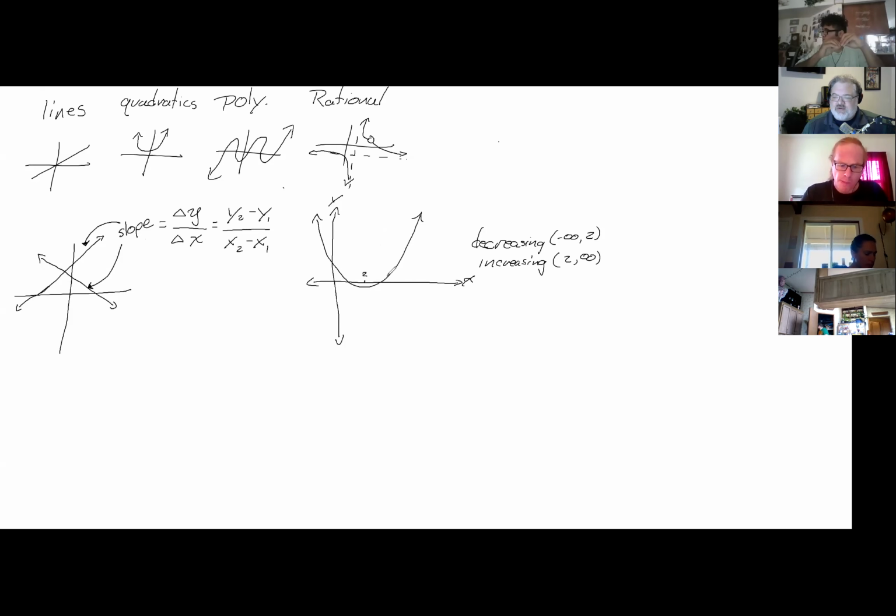So for something like a parabola, we can't say what its singular rate of change is, but what we can do is try to find what we call an average rate of change.